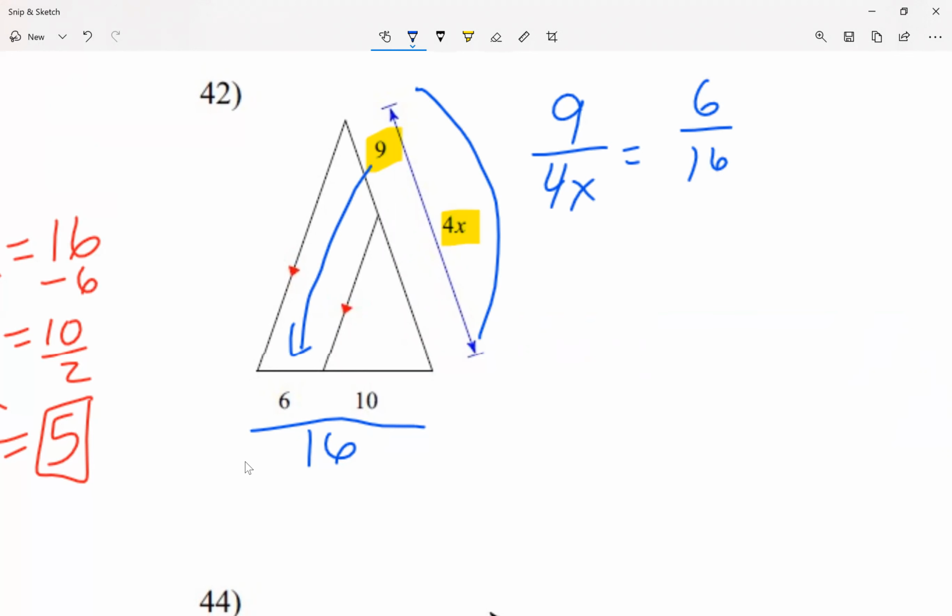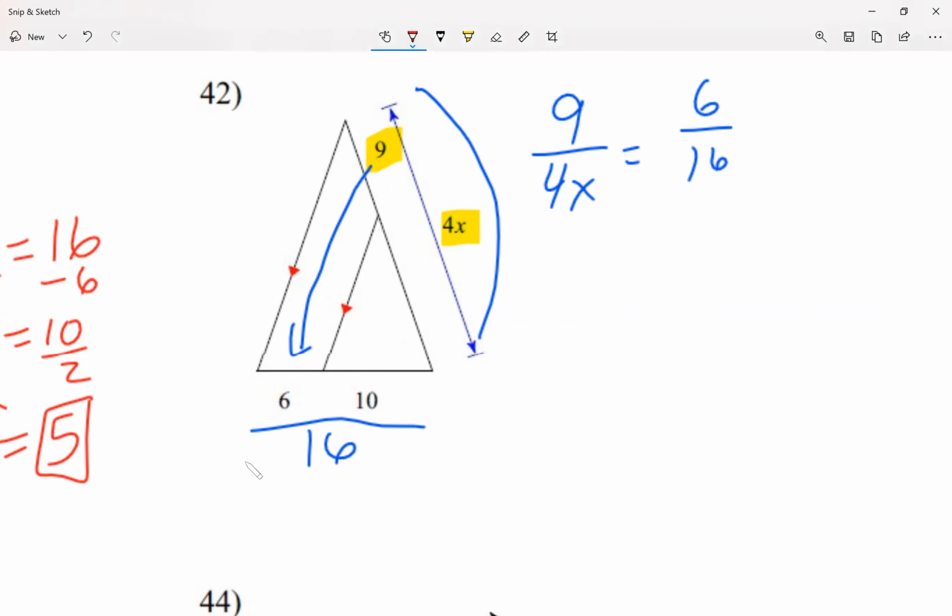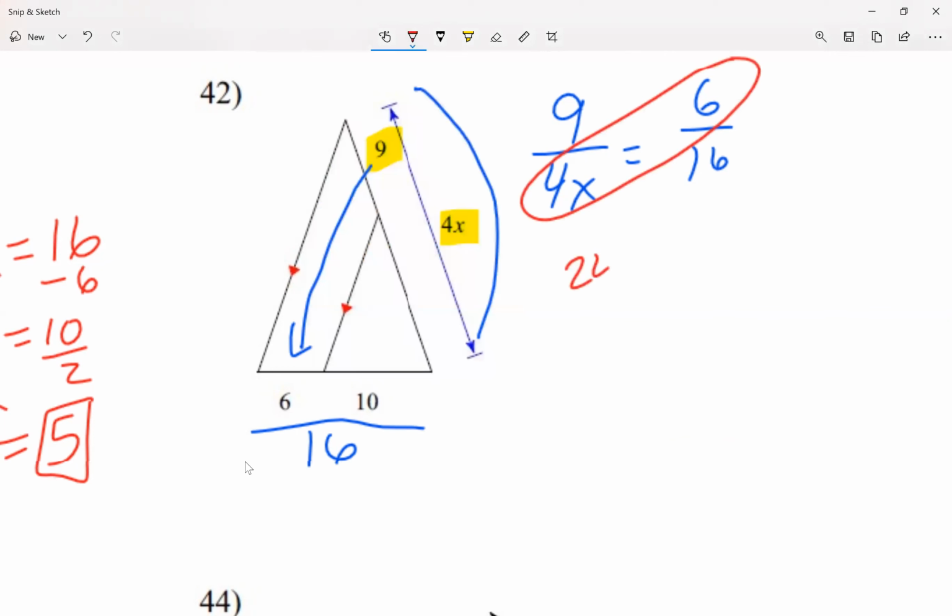Okay. Now cross multiply, solve for x. So I'm going to go 9 times 16 or 4x times 6. So let's see. Let me deal with the x first. So I'm going to multiply this way. 6 times 4x is 24x. 9 times 16 is 144.